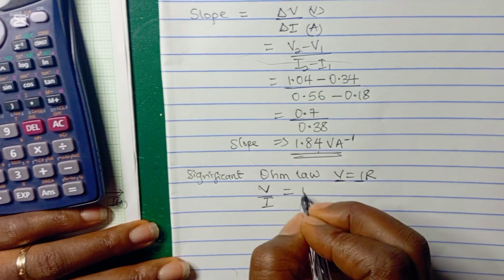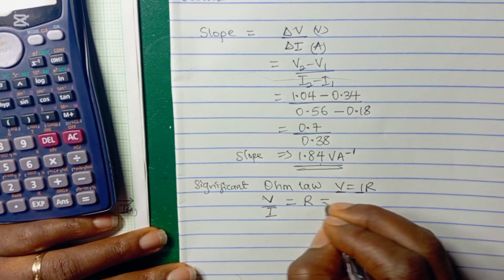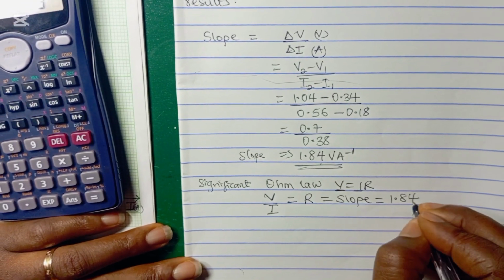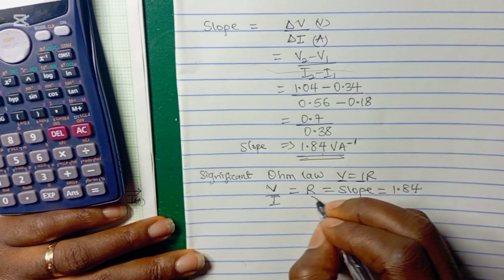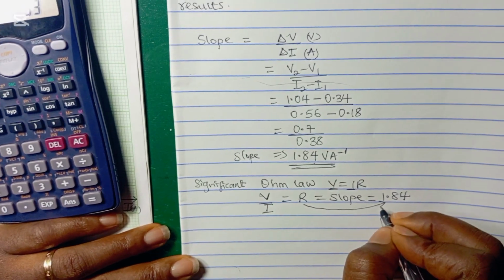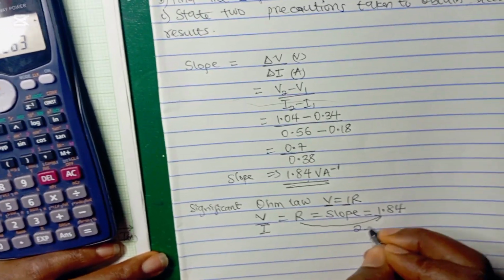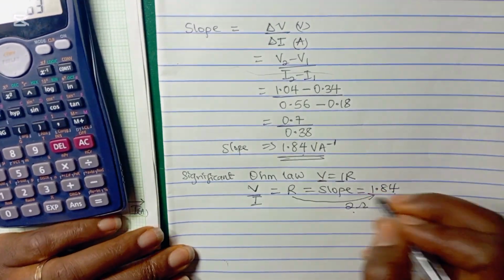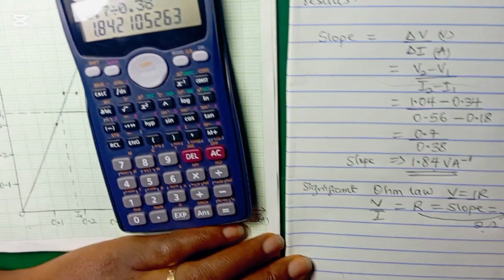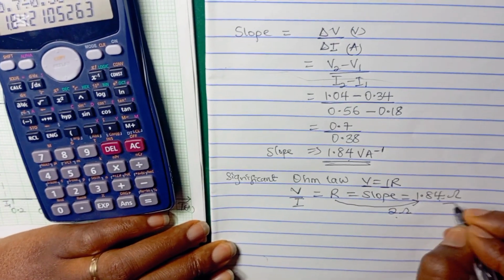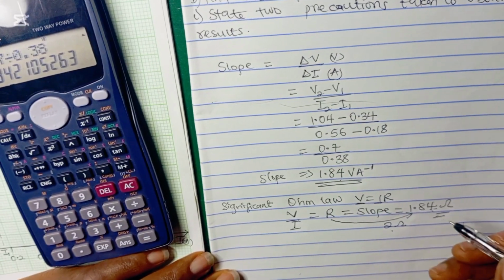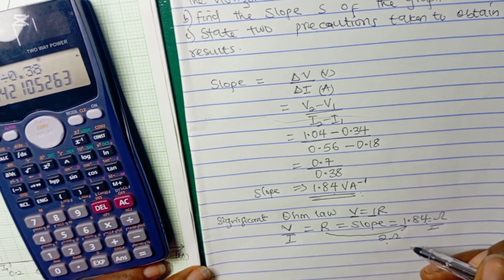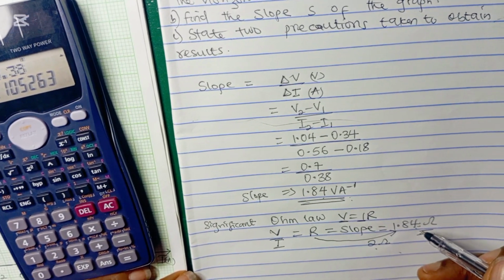I. So that means R is now my slope. And my slope is 1.84. Now this is significant to the unknown resistance given in the question, which is 2 ohms. So my slope is approximately 2 ohms, because this is 1.84 volts per ampere, or ohms. In case you are asked what is the significance of the slope gotten, it means the unknown resistance, which is 2 ohms. Do you understand?